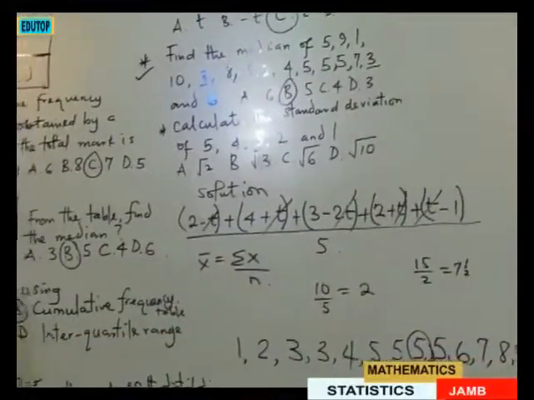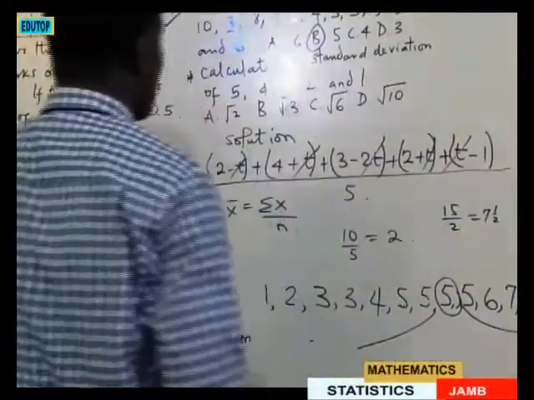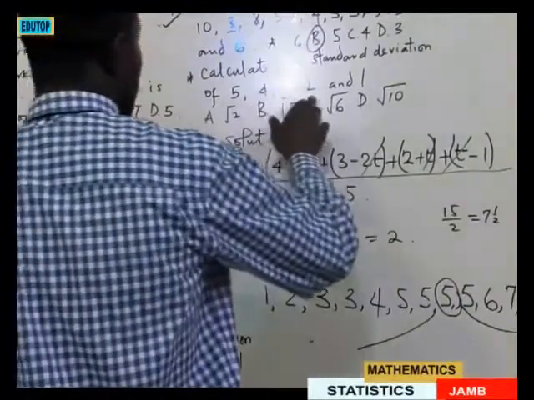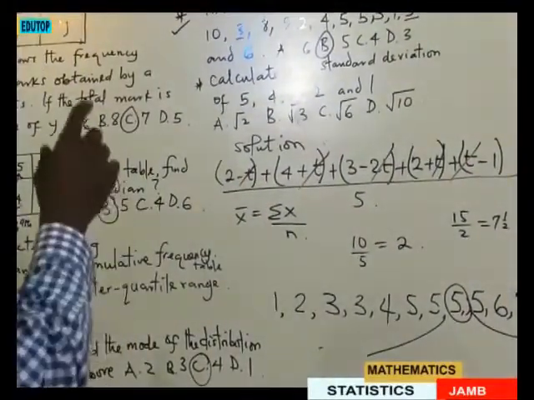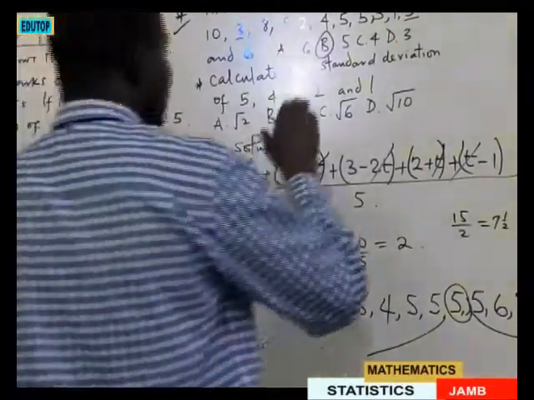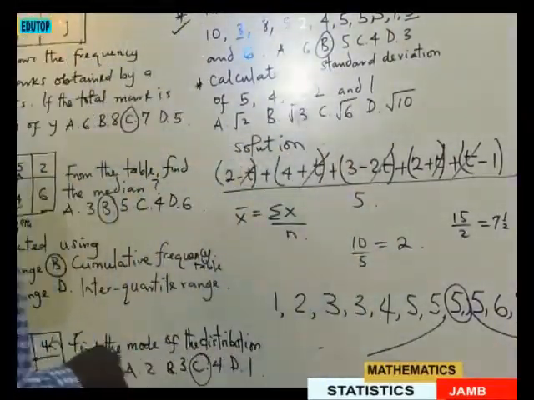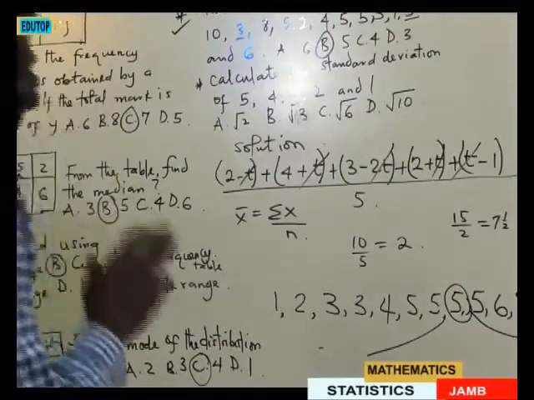Then the next question: calculate the standard deviation of this. The question asks us to calculate the standard deviation. The first thing we have to ask ourselves is whether it is grouped data or ungrouped data. In this situation, it is ungrouped data.